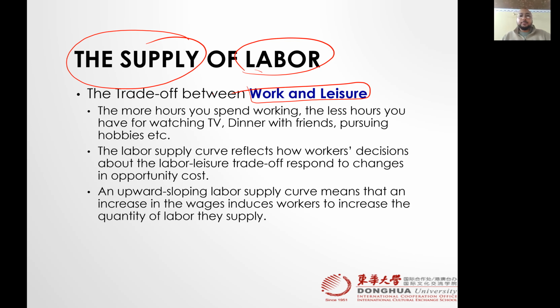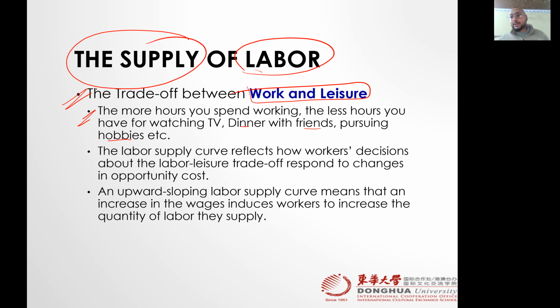The more hours spent working, the fewer hours you have for watching TV, dinner with friends, pursuing hobbies, which means there is a trade-off. You have to sacrifice. There is no free lunch. We talked about that in principles of economics. Either you are doing it or you are not doing it. If you are working, you are sacrificing something.